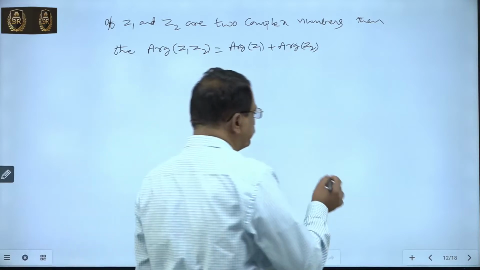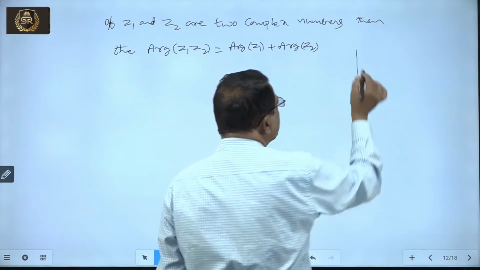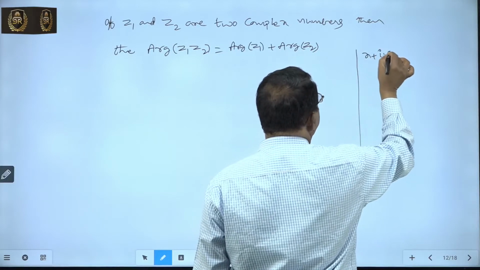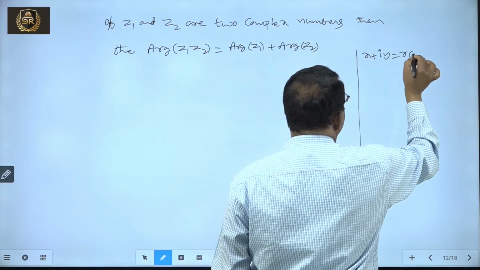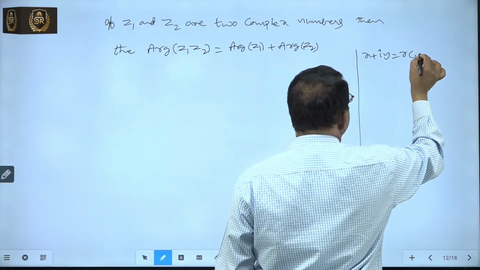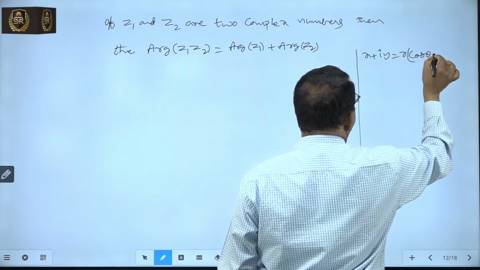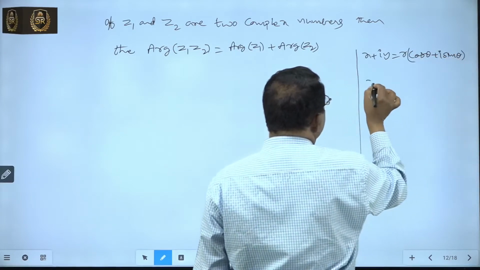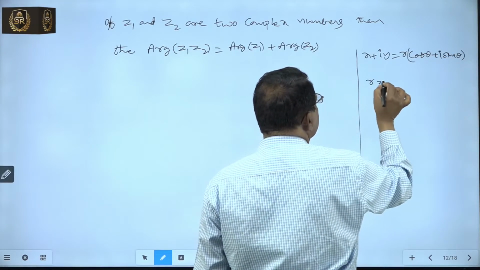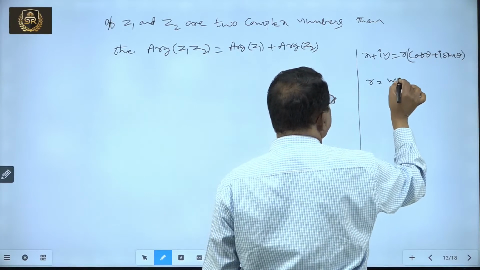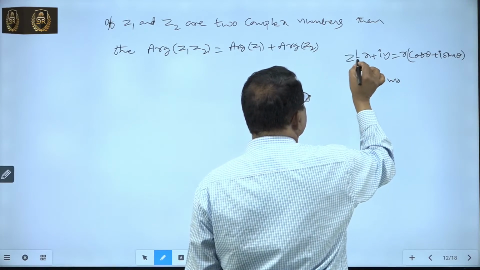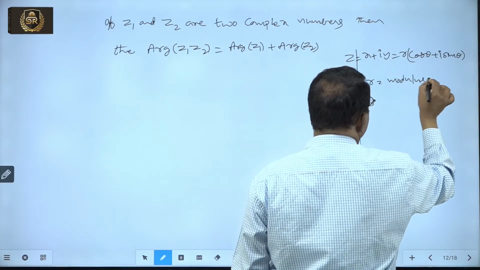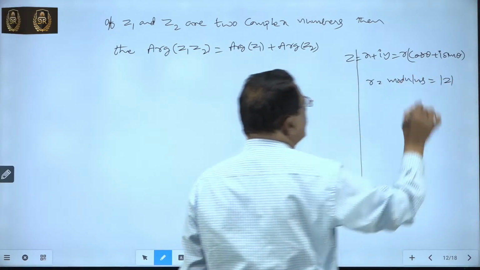Suppose, see here, if x plus i y equals r into cos theta plus i sin theta, here r is the modulus, that is z or mod z.